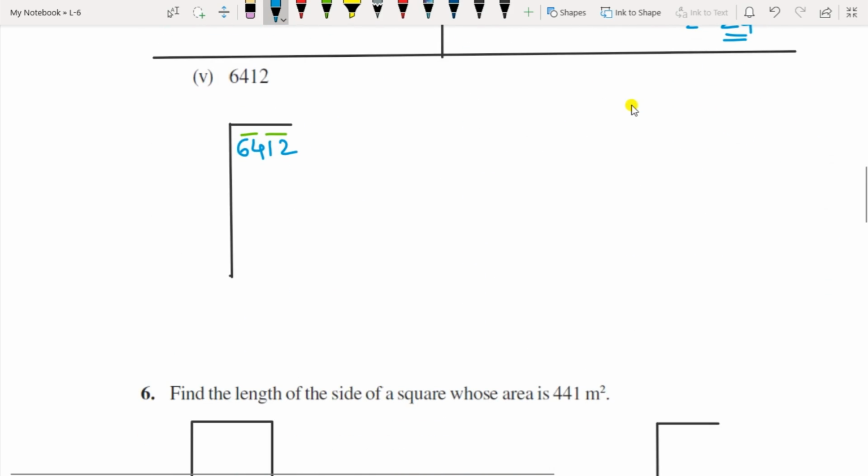Here 8 8s are 64. On subtracting, you get 12. It gives 16. If I take 1 here, it becomes 161.